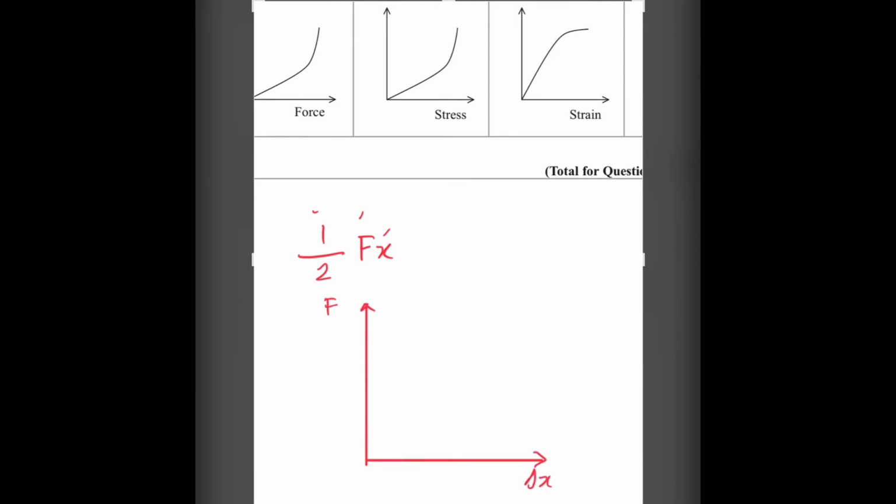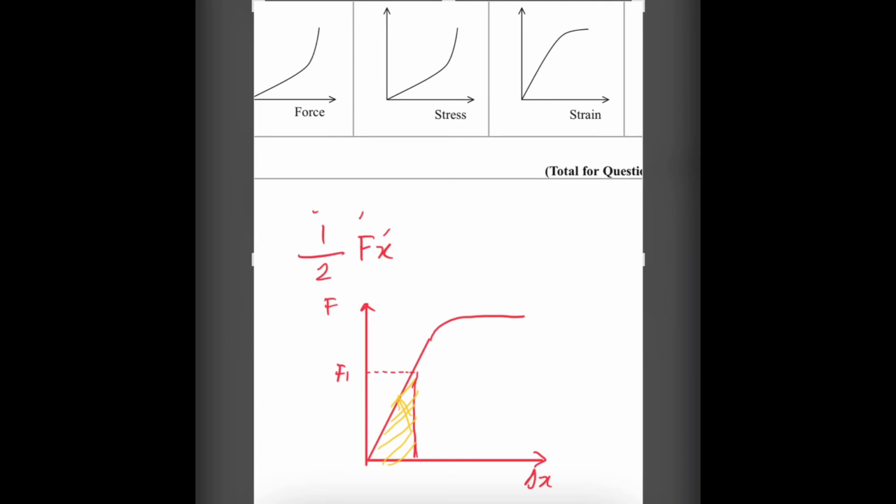If we have a graph like this, the graph just curves out. The area under the graph of, for example, force F1 is this. So the area under the force extension graph is the work done.